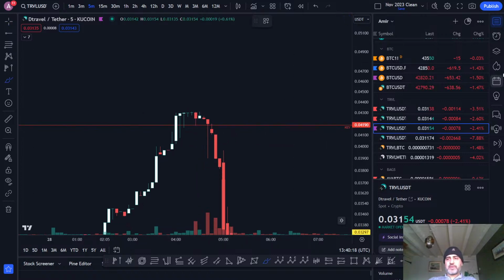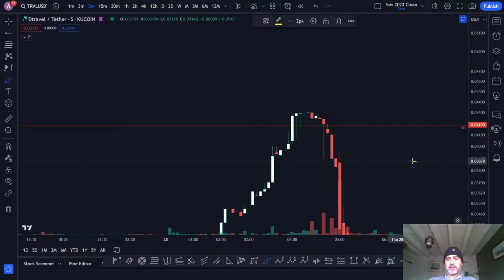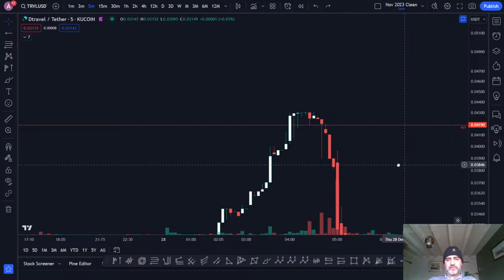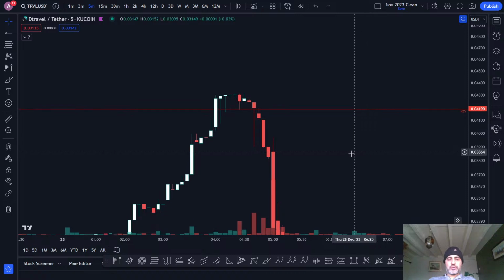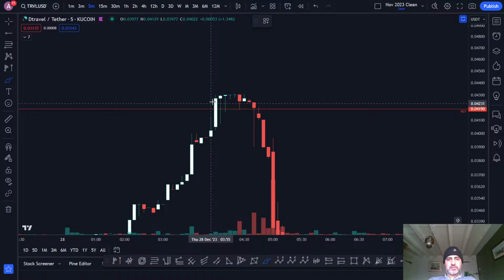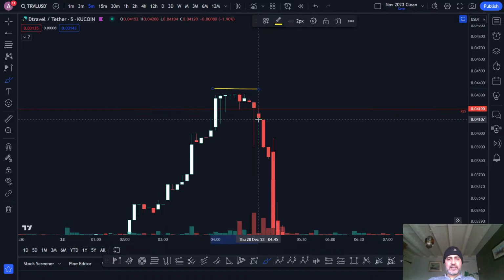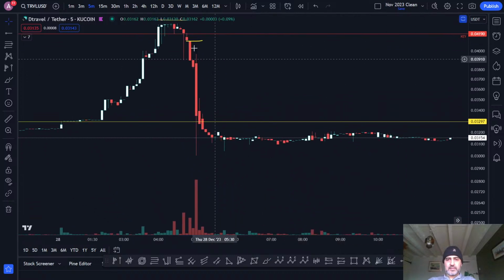So if we had a derivatives market of TRVL where you could short this token, this would be a great short, because you go over this level, and as soon as you lose it, a little back test, there's your invalidation and there's your short. So you're basically shorting at 4112 and your invalidation is 4301, and you're in a short now.